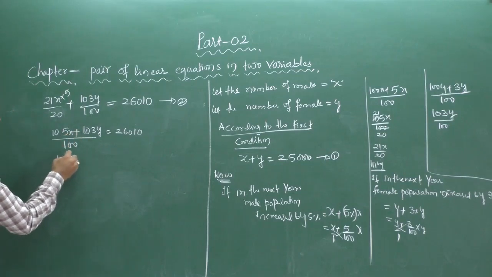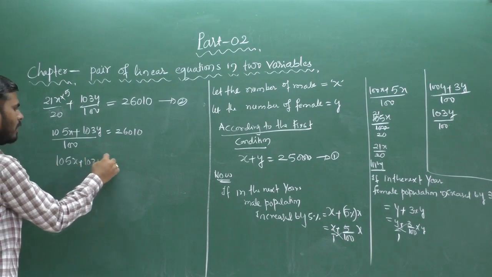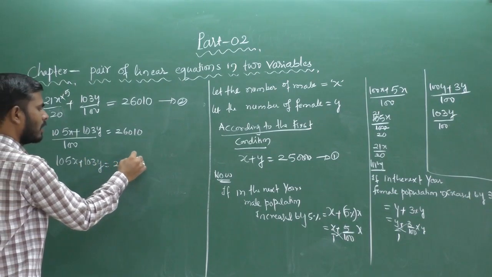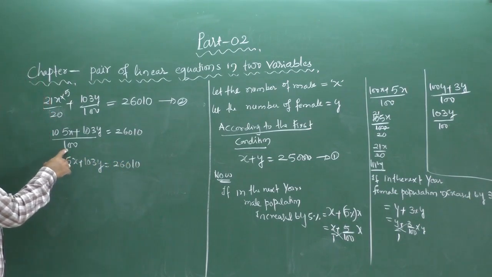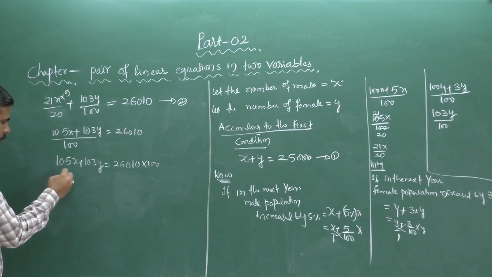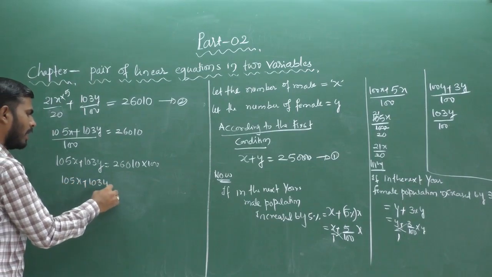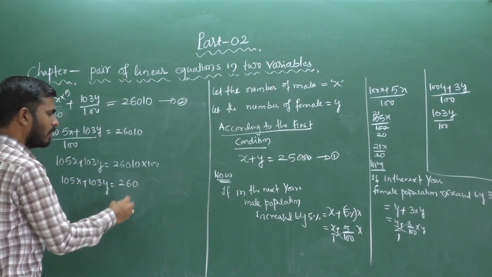Now simplify means 105x plus 103y equal to 26010. This is divide means it become multiplication, that is 100. So 105x plus 103y equal to 26010.